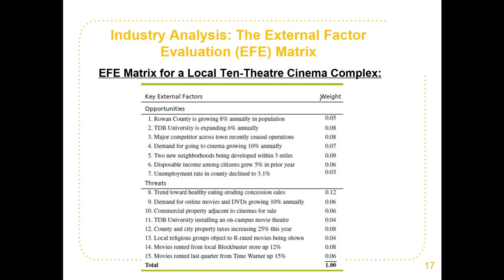All right, so this is an example. First, you list all the external factors, opportunities or threats, and then you assign weights. 0.0 means it's not important, and 1.0 means that this is very important.